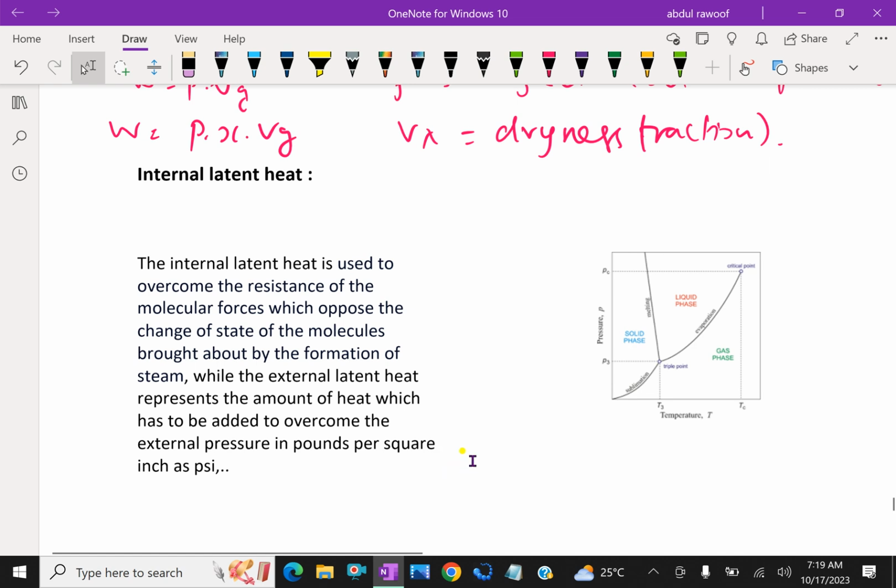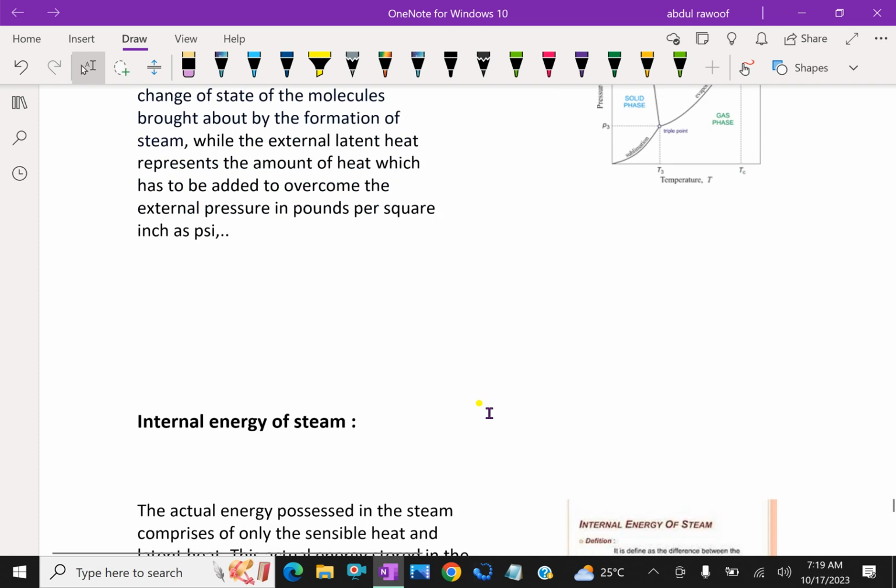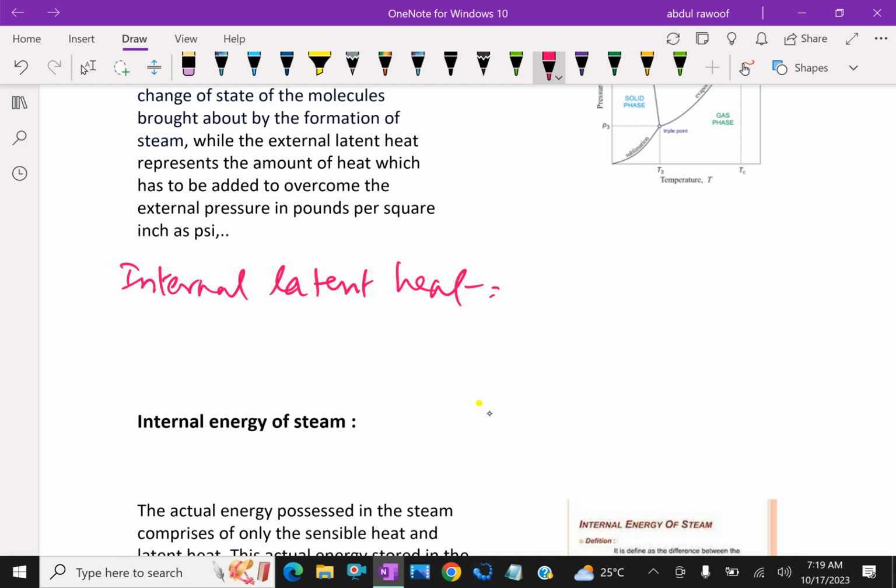Now, the internal latent heat is equal to hfg minus P Vg over J, the Joule's constant. Here J equals 1 in SI units.